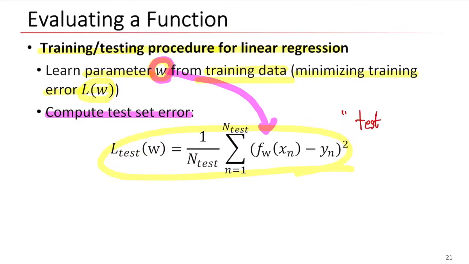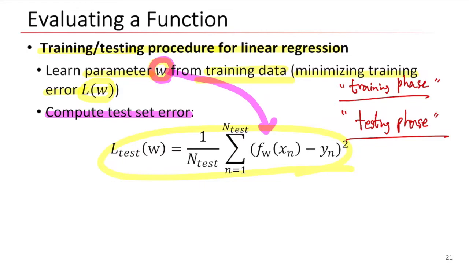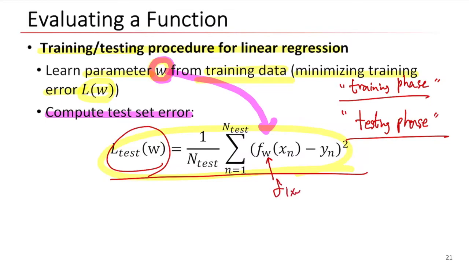At the testing phase, we do not optimize W anymore, but just compute the error to know whether our machine learning algorithm with the parameter W has good generalization power or not. So in this case, W is fixed.